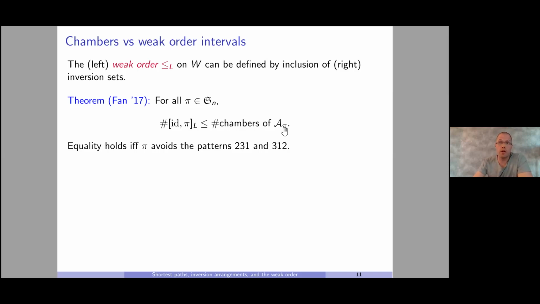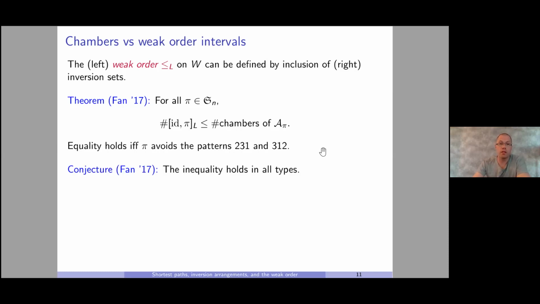Notice that this inequality goes in the opposite direction compared to the Bruhat order case. In the Bruhat order case, the interval is bigger than the number of chambers. Here it is smaller. And he was also able to characterize equality. It holds if and only if this permutation avoids these two simple patterns. And actually there is a nice explanation for why these particular patterns appear, which you will see in about 10 seconds.